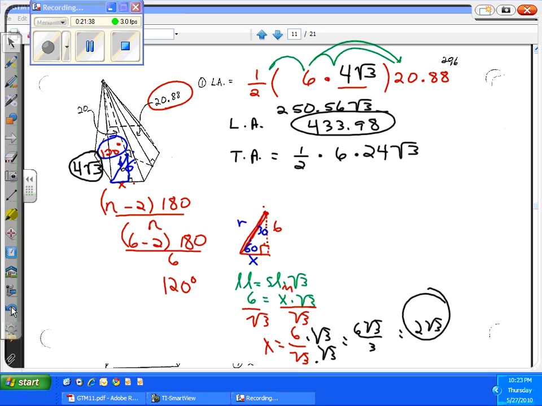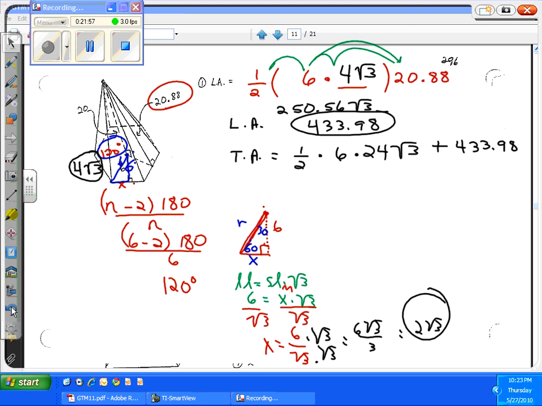So 6 4s are 24 square root 3 for perimeter. So we have area of bottom 1/2 apothem times perimeter plus the sides, which is 433.98. So we have the area of the bottom plus the sides.